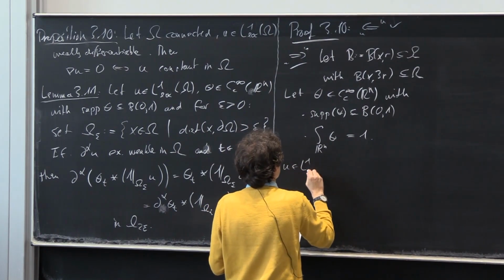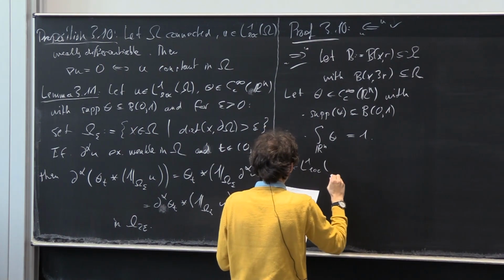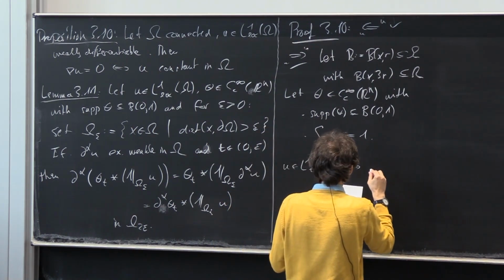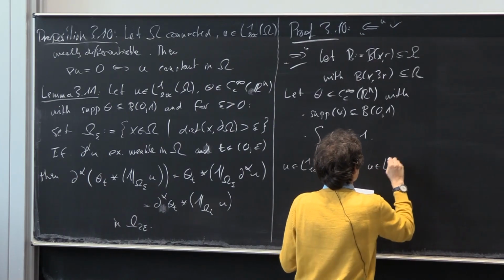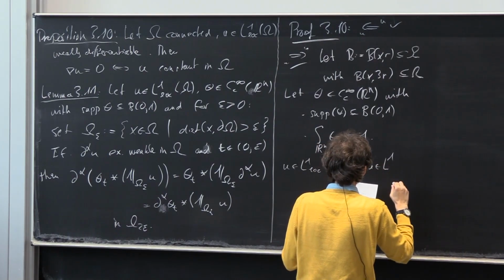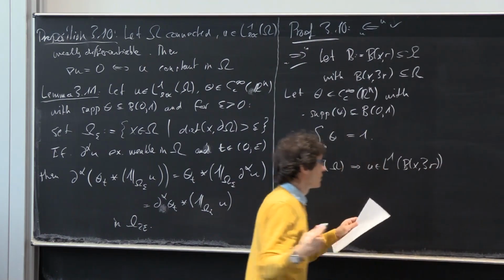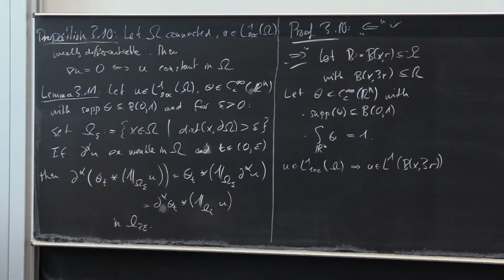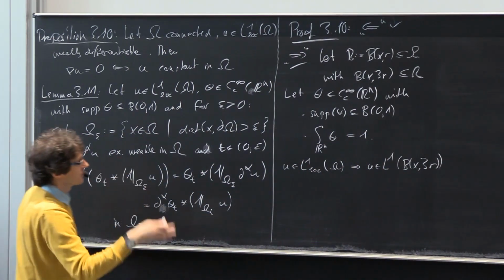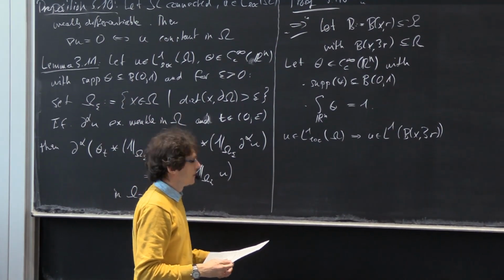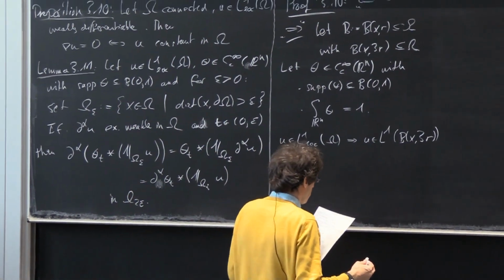So now we know that u is in L1 loc. So in particular, u is in L1 of the ball around x with radius 3r. Because if you close it up, this is something compact, and on compact sets this is a finite integral.